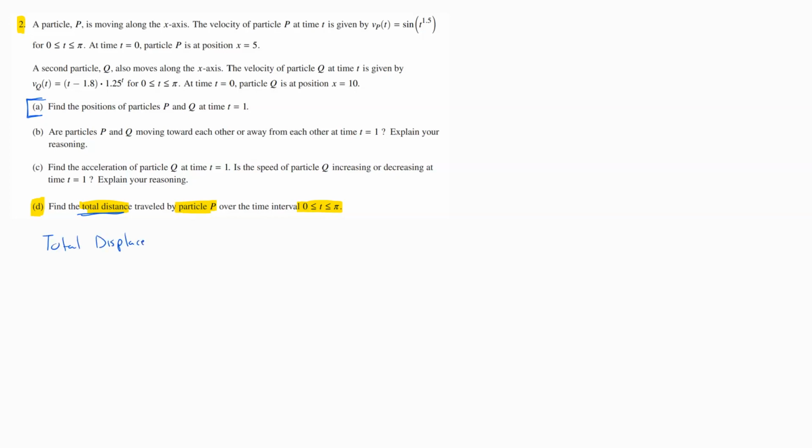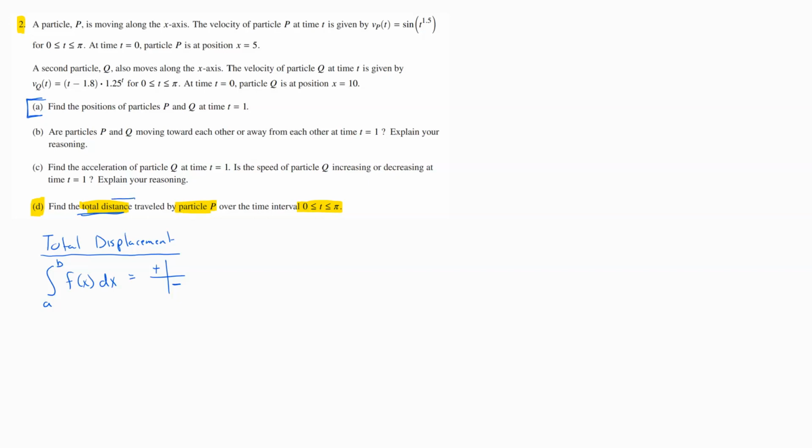Total displacement is really just talking about from your starting position, where did you end up? And a total displacement integral setup is just the integral from a to b of whatever your f of x is dx. What that tells us is that if there's area above the x-axis, that's considered positive area. Area below the x-axis is considered negative area. And we add all of that up.